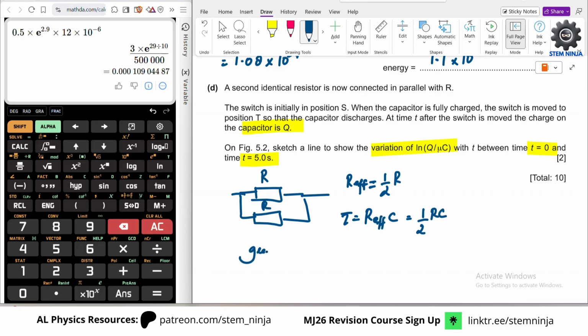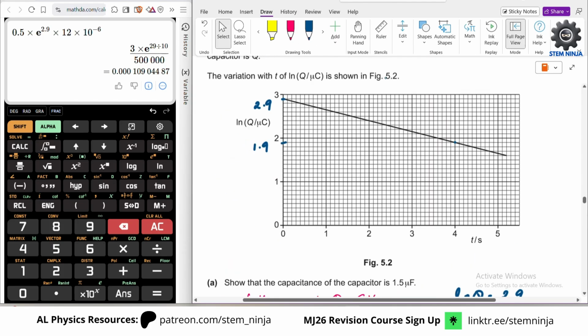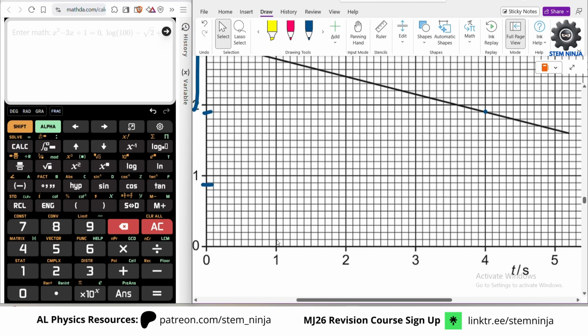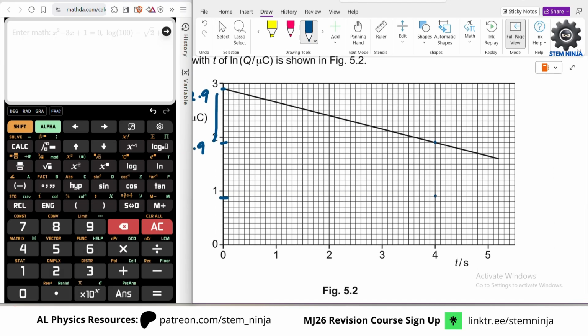So the gradient, which was minus 1 over tau, becomes minus 2 over RC. That means it will have double the gradient. Over here where we had 1.9, the decrease was like 1, rise over run basically. We need to go further, to 0.9 at 4 seconds. So it will be over here.